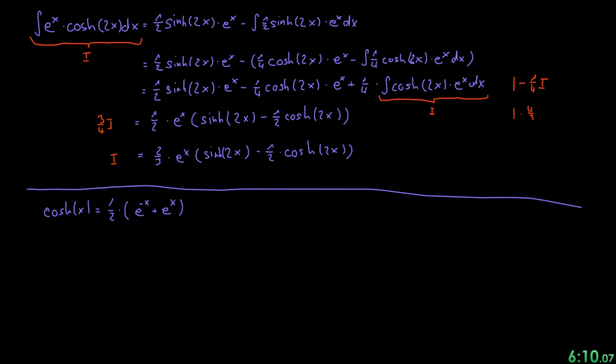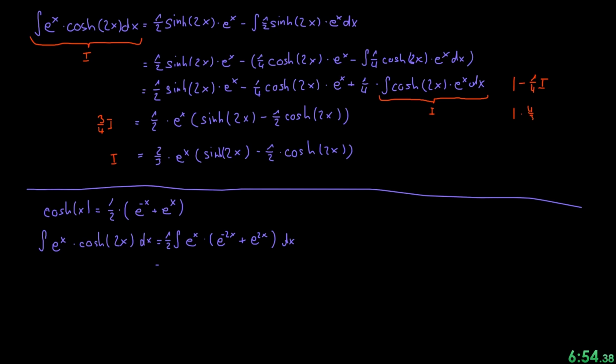So it will be 1 over 2 times e to the negative 2x plus e to the 2x, which means I can rewrite my integral e to the x times the hyperbolic cosine function of 2x, which is equal to, let me pull that 1/2 already into the front, e to the x times e to the negative 2x plus e to the 2x. Alright, and get that dx behind it.